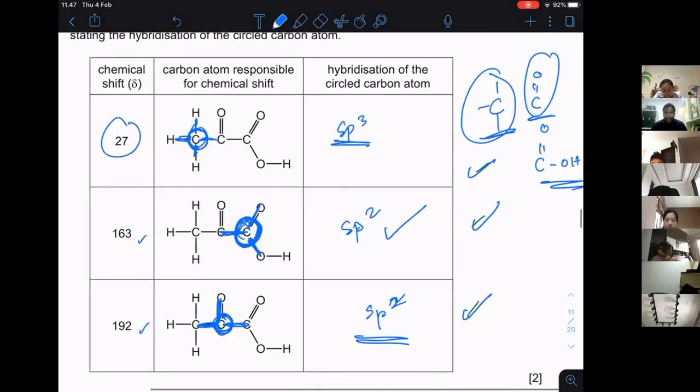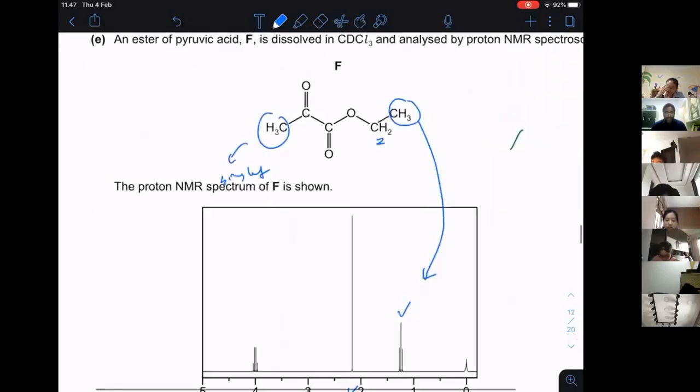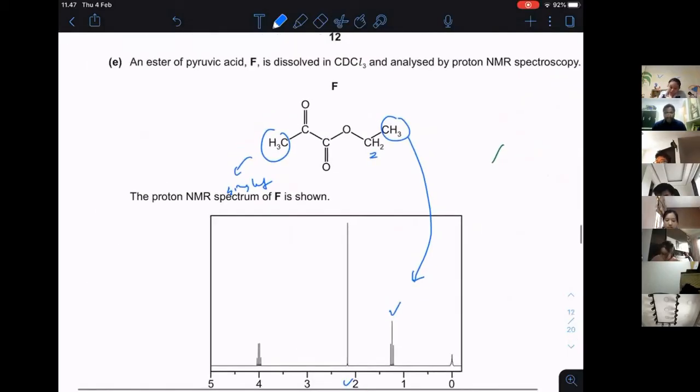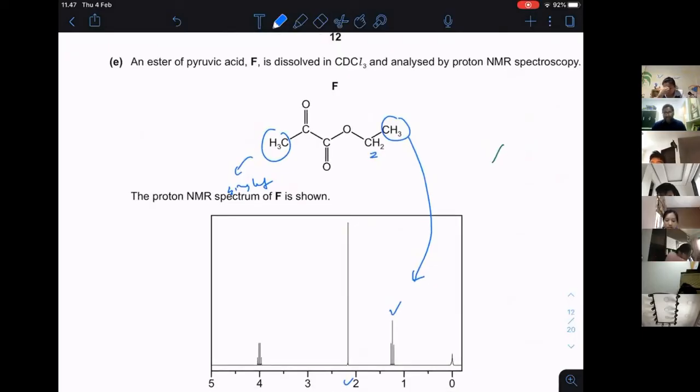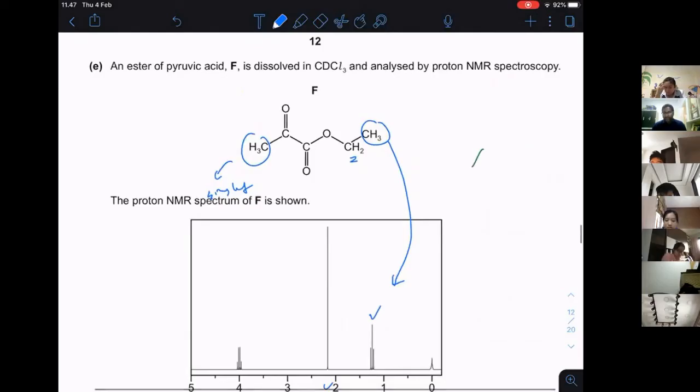Okay, so next question. An ester of pyruvic acid, dissolved in CDCl3 and analyzed by proton NMR spectroscopy. CDCl3 and then proton NMR spectroscopy.